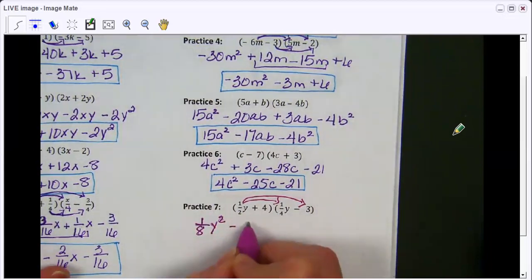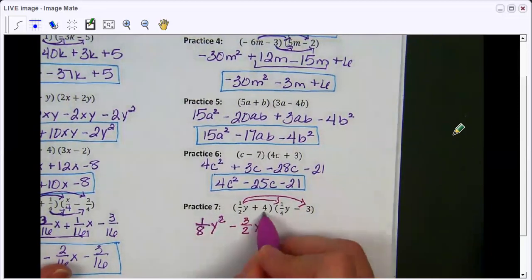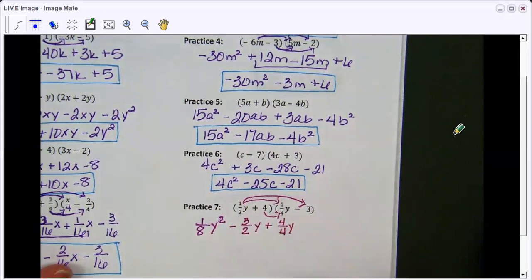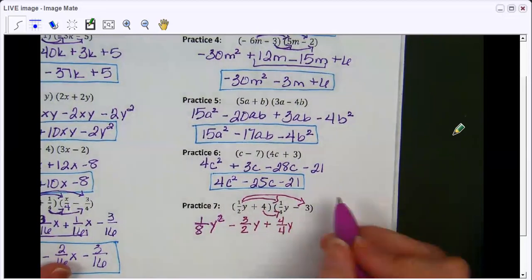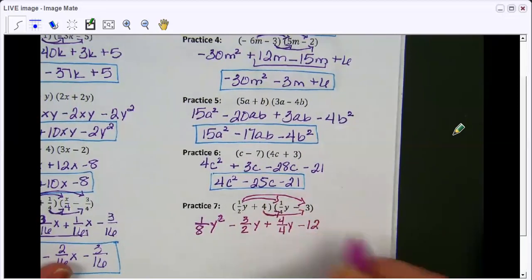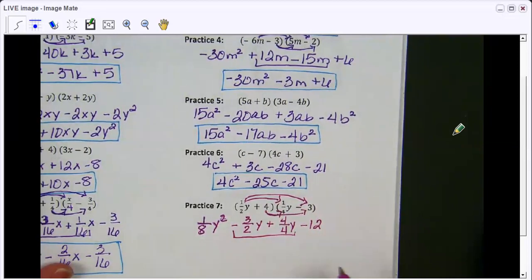So you should get -3/2 y. 4 times 1/4 y is 4/4 y, and we're going to change that to 1y in a minute. And then 4 times the -3 is -12. So we do have to combine these like terms.